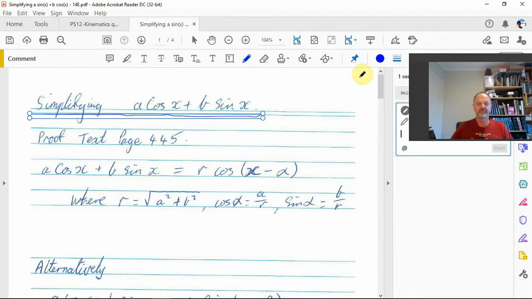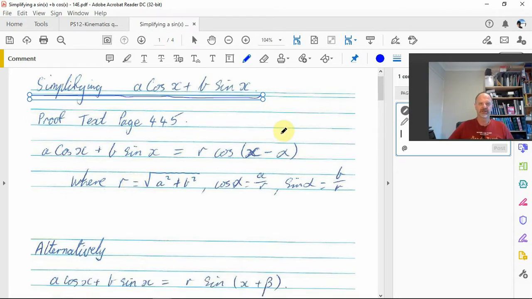If you have a cos x plus b sin x, it equals r cos(x + alpha), where r you get from your a and your b: it's the square root of a squared plus b squared. And for your alpha, cos alpha is a over r, and sin alpha is b over r.